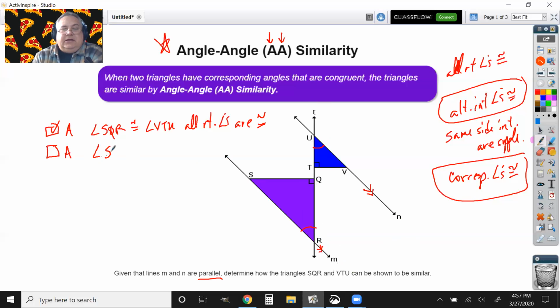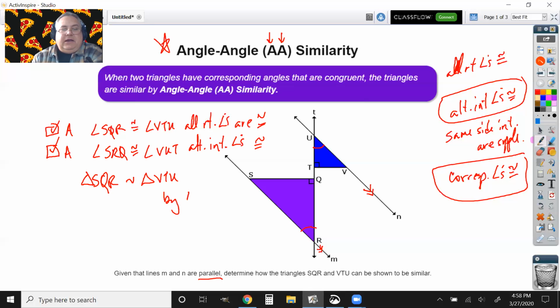So I can say angle SRQ is congruent to angle VUT, because alternate interior angles are congruent. Check. So I can say that triangle SQR is similar to triangle VTU by angle-angle similarity. All it takes is the given information to lead to two angles, and once we've got them, we can say the triangles are similar by angle-angle.